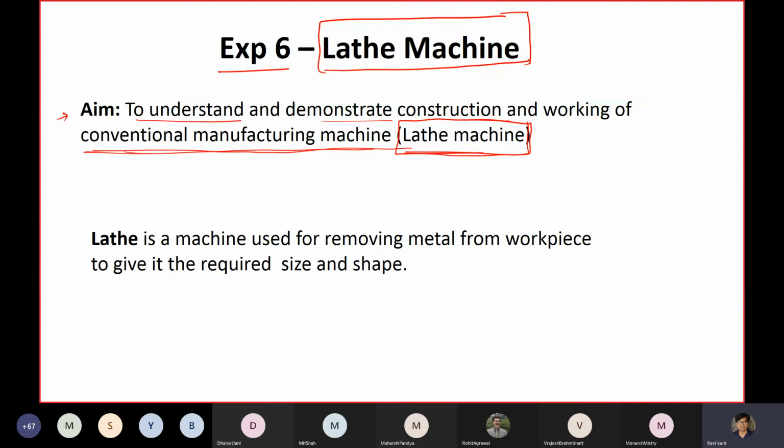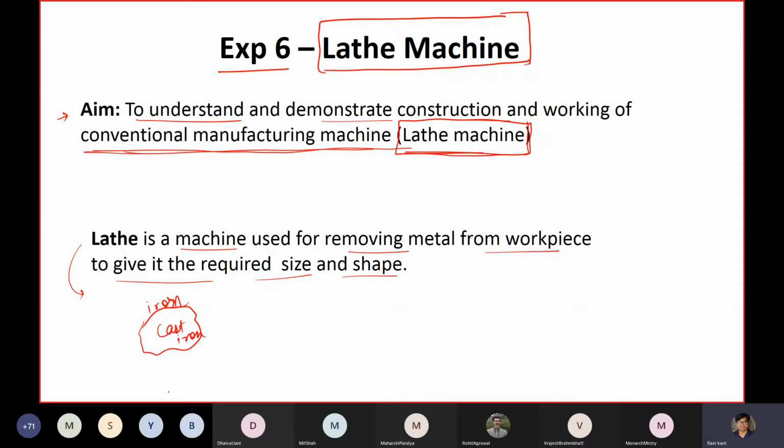Let me first formally define what this lathe is all about. The lathe is a machine used for removing metal from a workpiece to give required size and shape. So essentially, let's suppose you have a chunk of iron ore, or maybe cast iron.